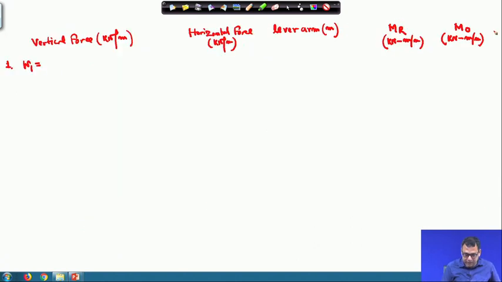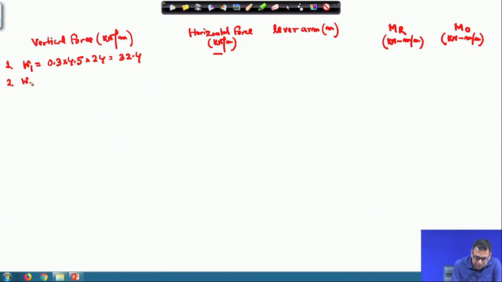So, I can write here for the first one will be 0.3 into 4.5 into 24, that will be 32.4, where 24 is the unit weight of concrete. Then it is perfectly vertical. So, horizontal is no forces.